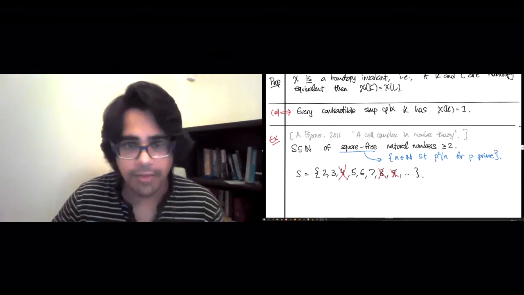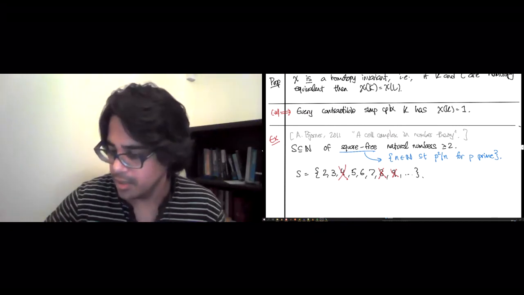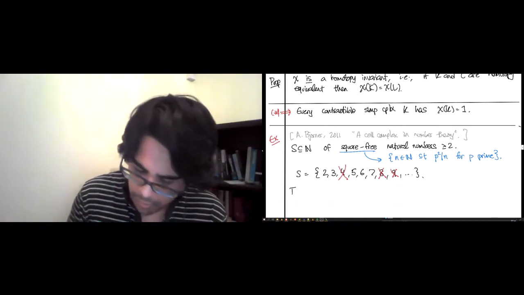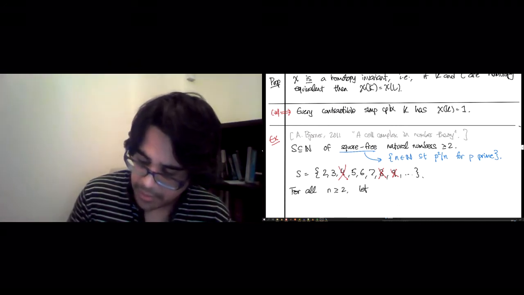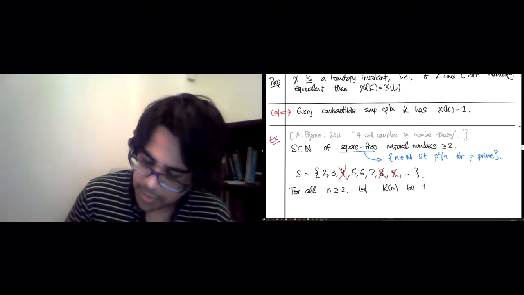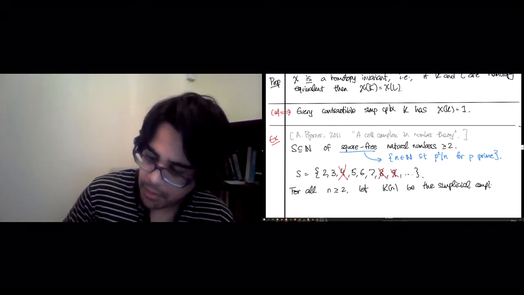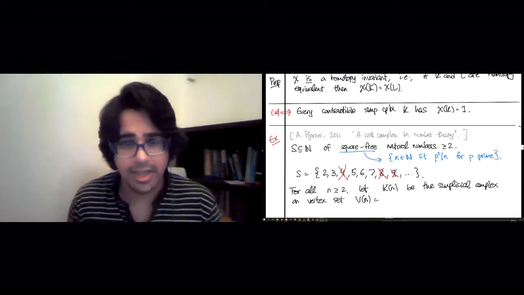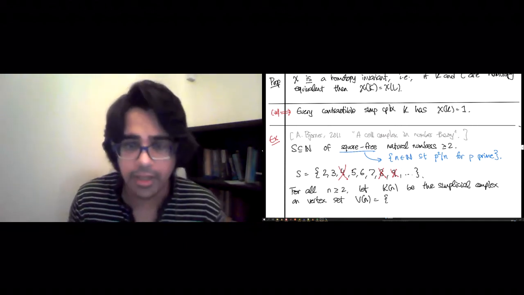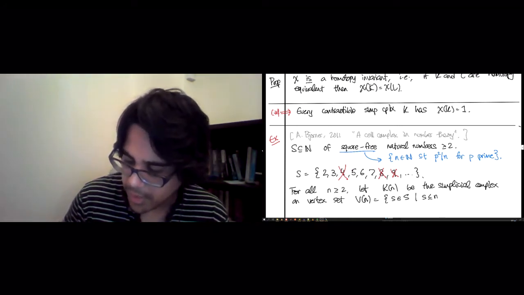So we're going to build a family of simplicial complexes with these numbers in S as vertices. For all n bigger than or equal to 2, let K_n be the simplicial complex on the vertex set V_n. This is going to get larger and larger as n gets larger and larger. The vertices that are available to you are all the numbers in S which are less than or equal to n.